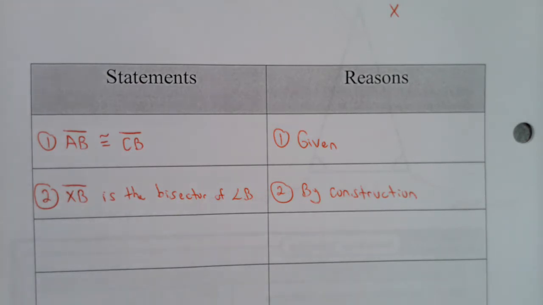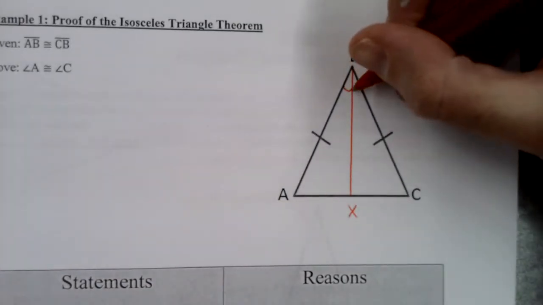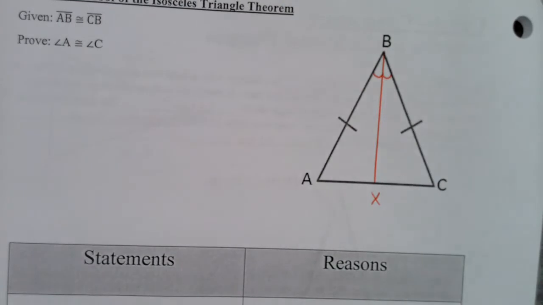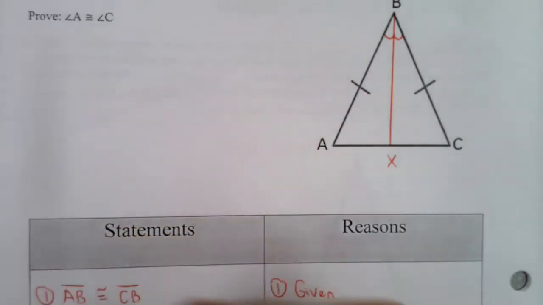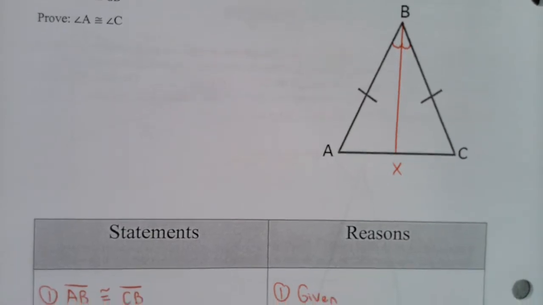Now the next thing I'm going to do in this proof is say that since I just drew in the angle bisector, it means that this angle right here with one arc is congruent to this angle right there with one arc. So I'll say angle ABX is congruent to angle CBX, definition of angle bisector.